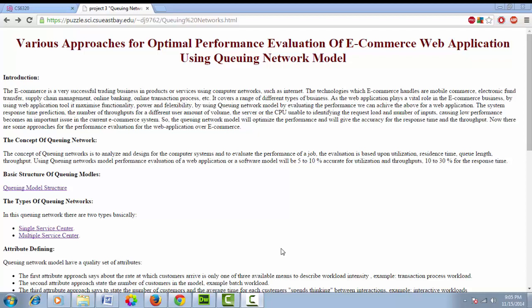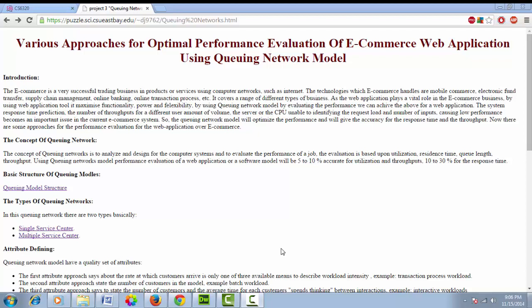What does it do? It evaluates the performance of the web application, and it optimizes or improves the performance of the web application.